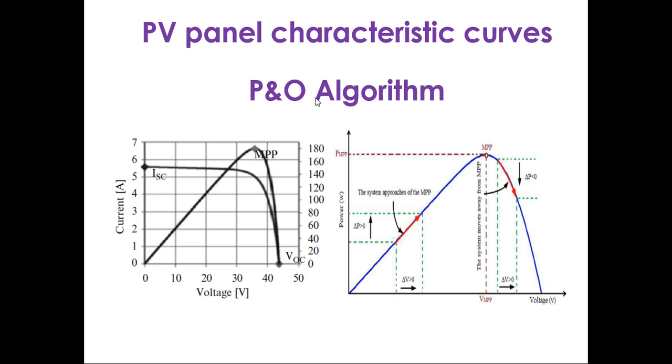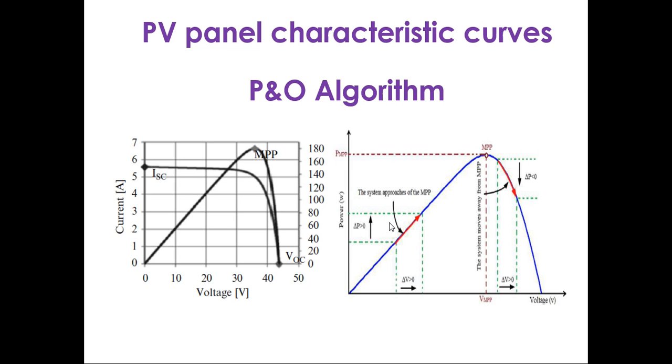Now, how does the P&O algorithm work? You can take any point on the PV curve, and check whether the system approaches towards MPPT. If your answer is no, then you need to introduce one more increment in the perturbation.